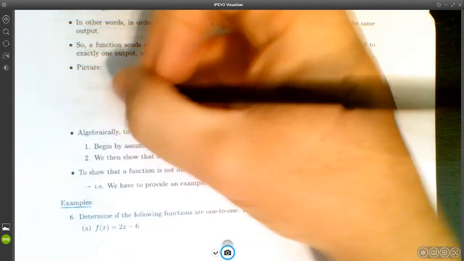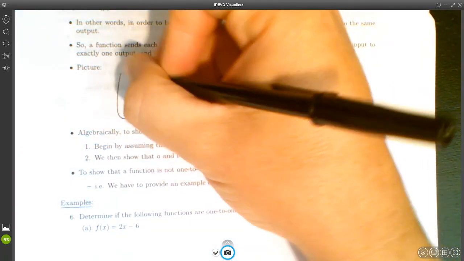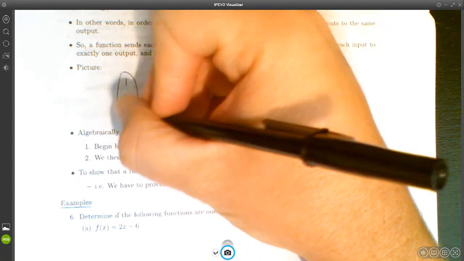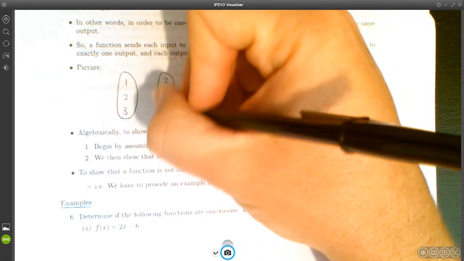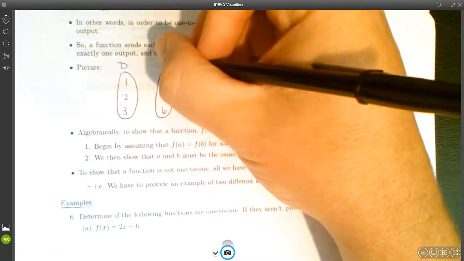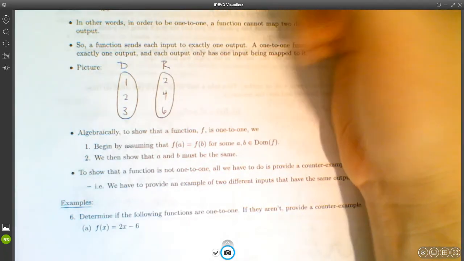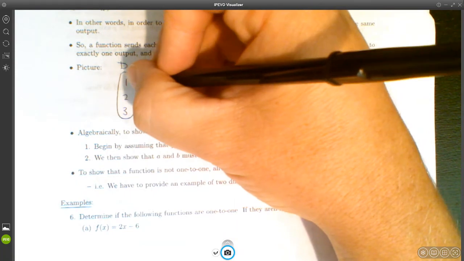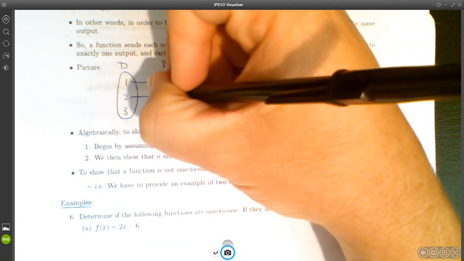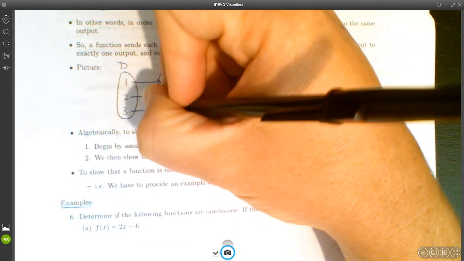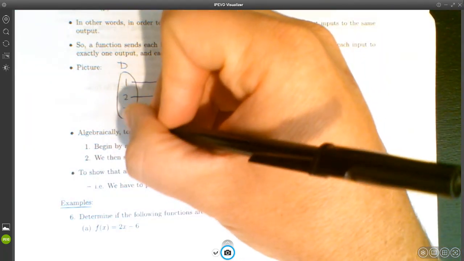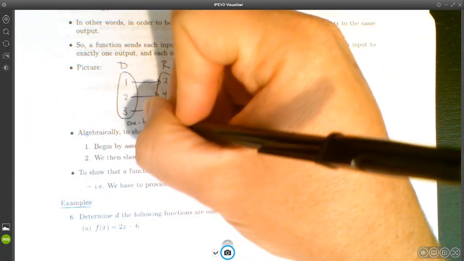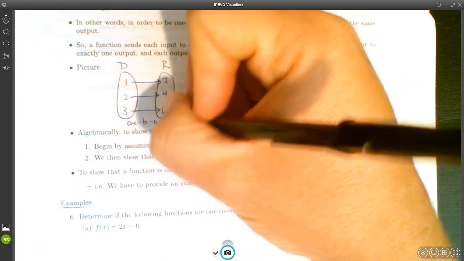So let me draw you a picture of this, right? So let's say that this is your domain and this is your range, okay? If you have a function that maps 1 to 2, 2 to 4, and 3 to 6, then this is a one-to-one function.